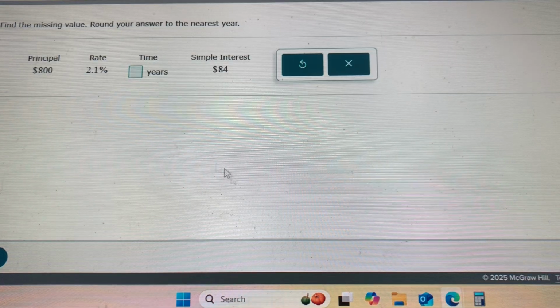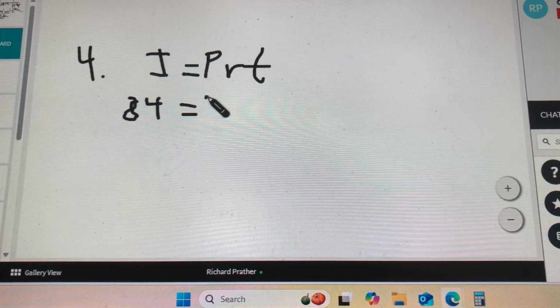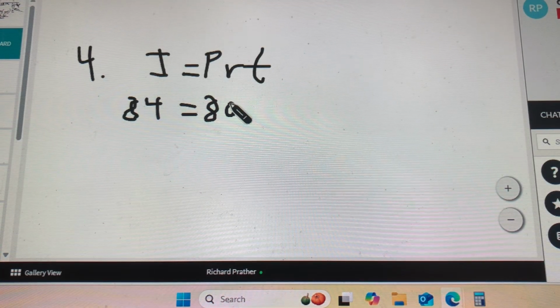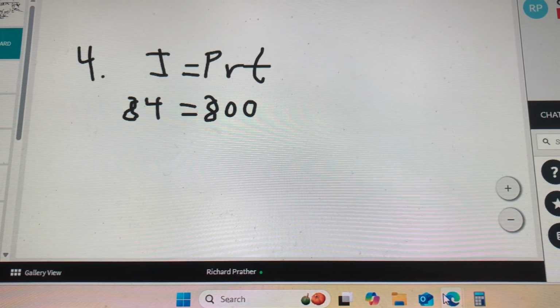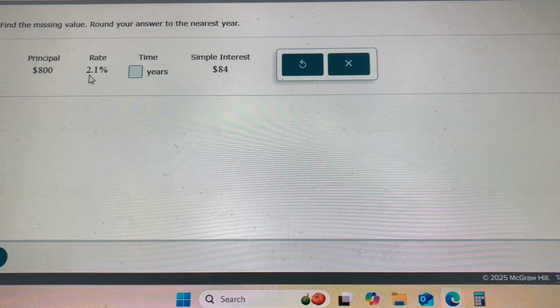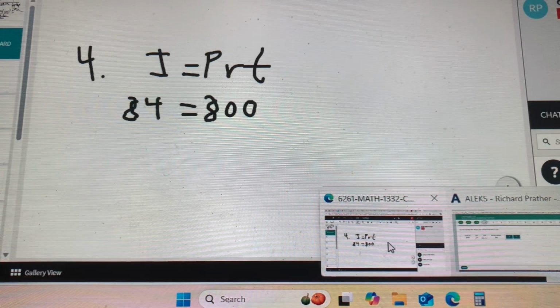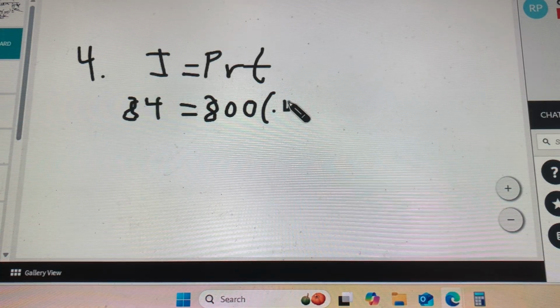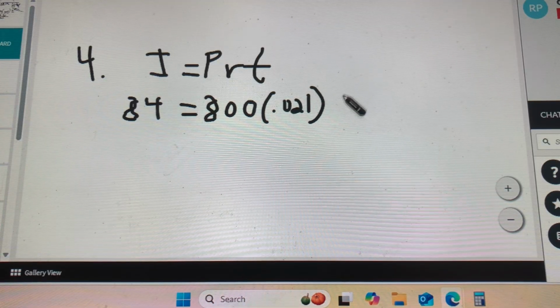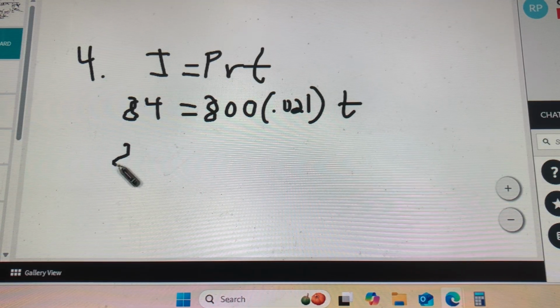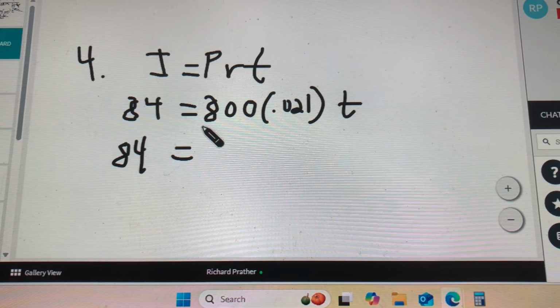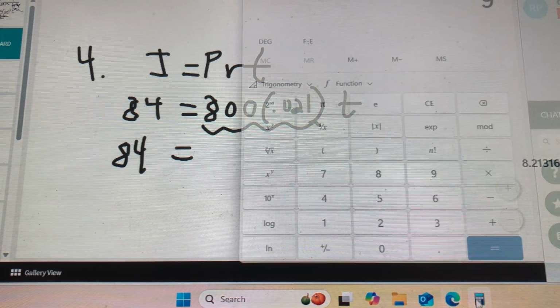The principal amount is small too, so $800. The last one was $200,000. Now somebody's only borrowing or investing $800. The interest rate's 2.1%, so move that over twice and make it 0.021 times t.